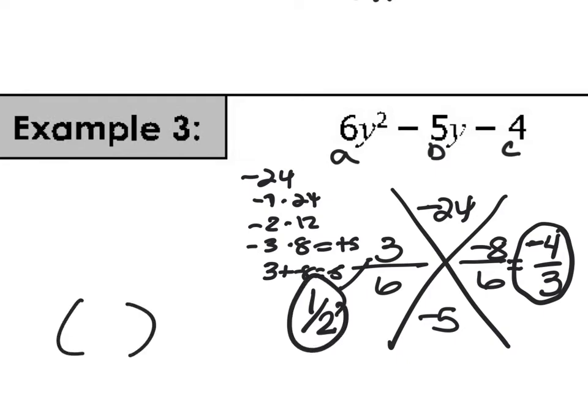So we put the denominator in front and the number after. Denominator in front and the number after. Now this negative, you could have put it with the 4 or the 3. I just like keeping it with the numerator.